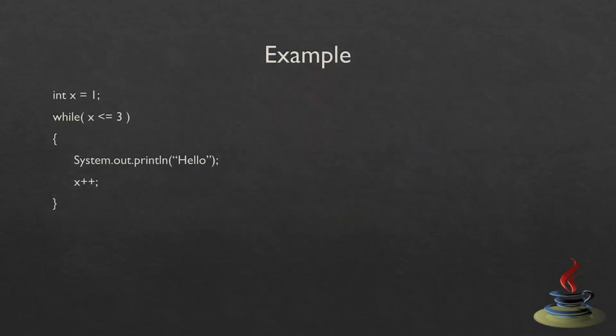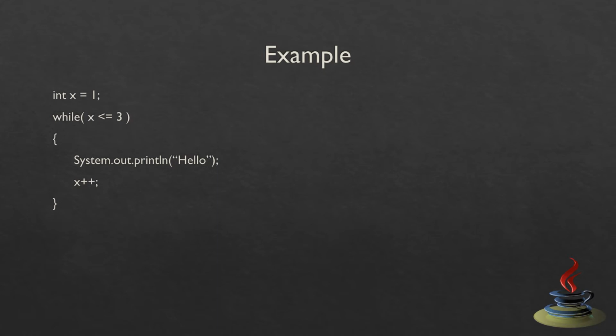Let's go to our simple example, or you can say the sample code. First I write int x = 1, then while x <= 3. In the loop body I have written System.out.println("Hello"), then x++, which increments the x value, then close the body part.